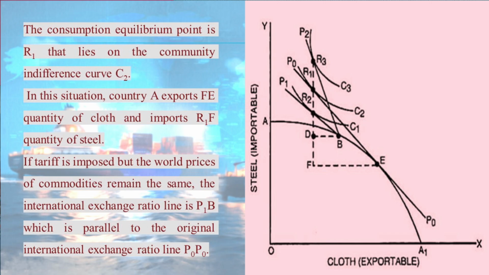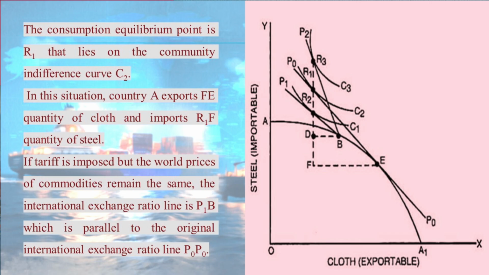As we know, consumption is related to the indifference curve, and production to the isoquant. In this situation, country A, the small country, exports F quantity of cloth and imports R1F quantity of steel, as shown in the diagram on the left hand side.